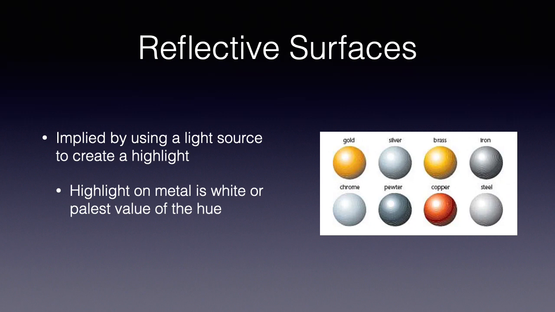So when you look at the image here, you can see all the different metals listed out, right? And you also see with each of them that they have a light source that creates a highlight to give the observer the depiction of that metal being gold or that metal being silver.